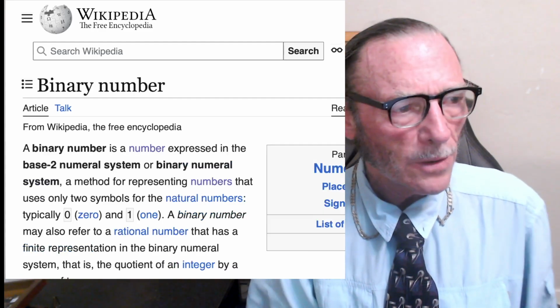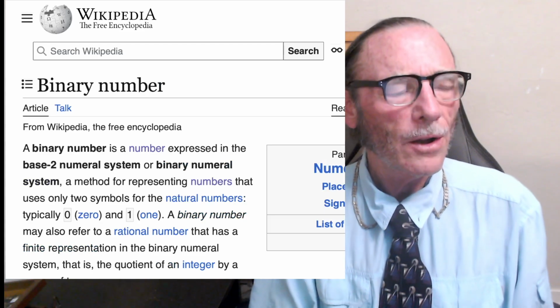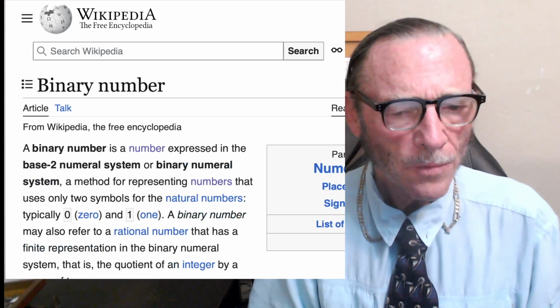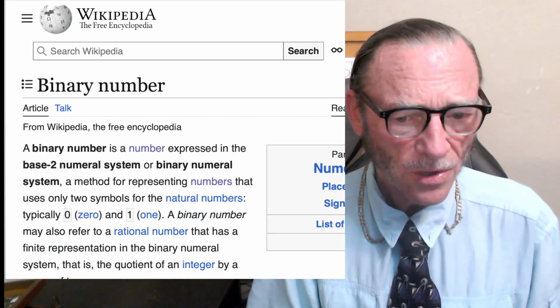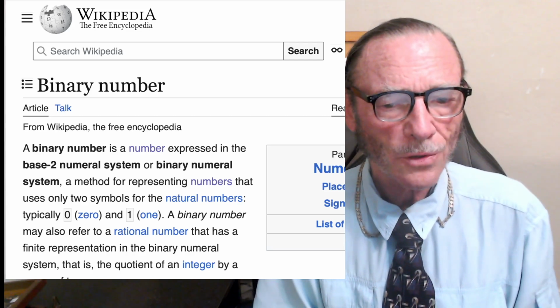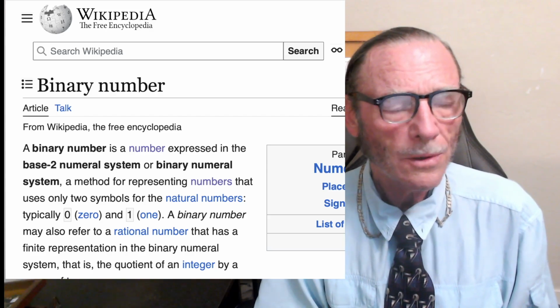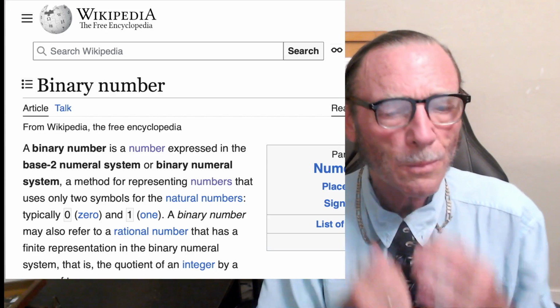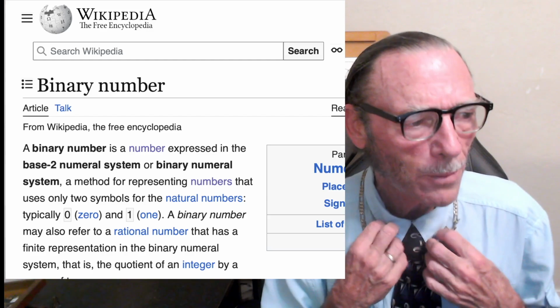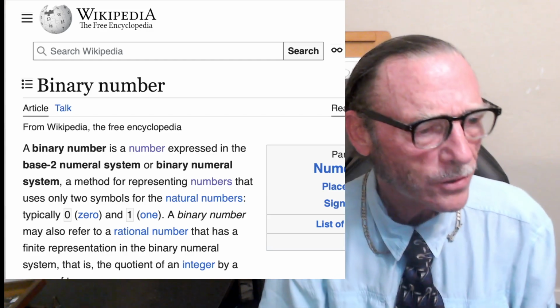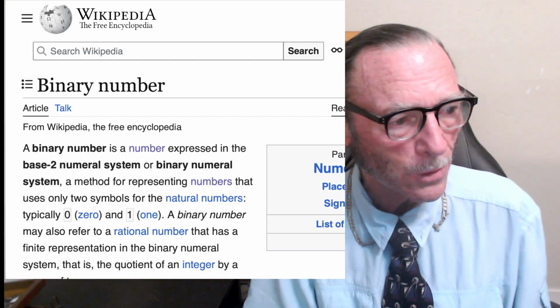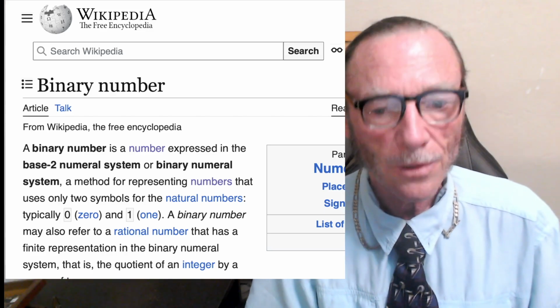All right, and now we've switched over to the Wikipedia article on the binary number, where it sets us straight, sets me straight. I had to do this research to be sure of my usage of terminology, which is quite important in all aspects of science, but particularly, you might say, in mathematics. So a binary is a number expressed in the base 2 numeral system, or binary numeral system.